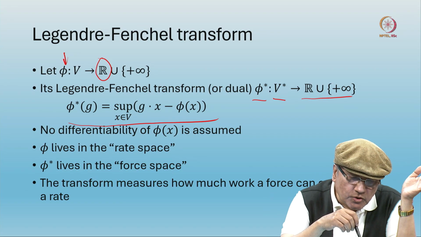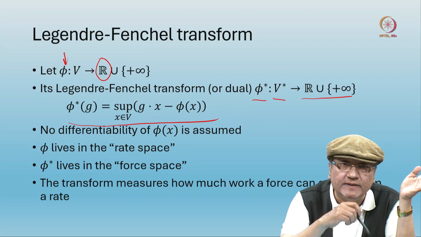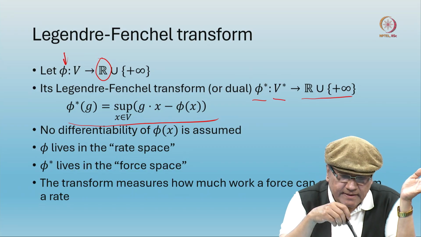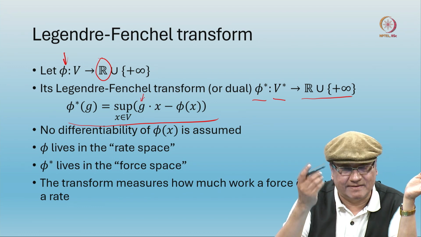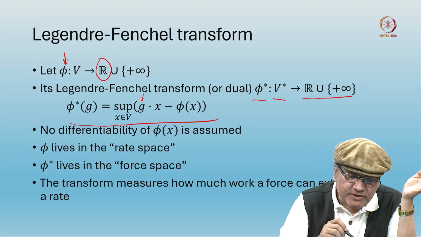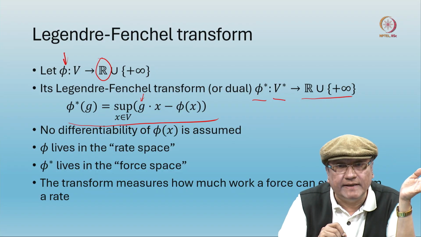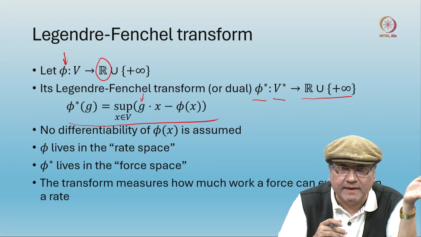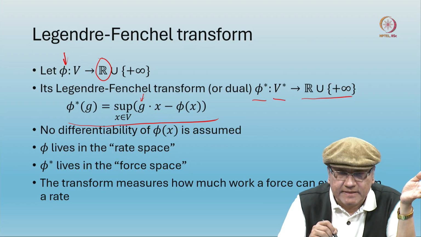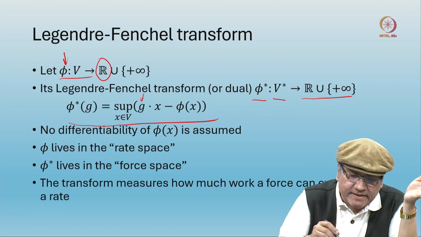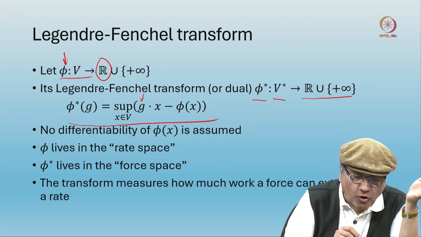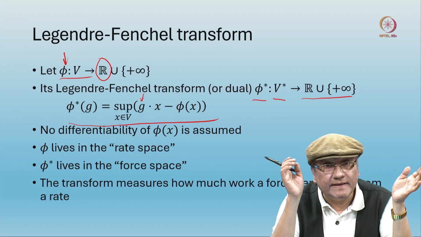So, supremum over all such fluxes x, where you can think of G to be possible stresses, of G acting on x and producing some power-like quantity, minus phi of x, the original phi. You have to take the supremum for all such x.